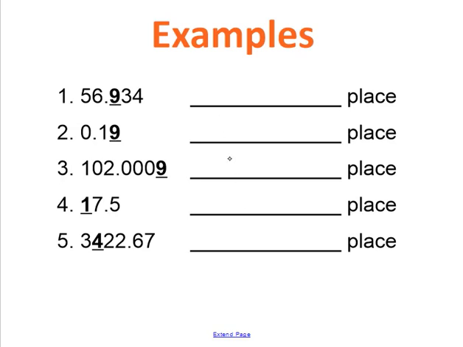So here are some decimals, and we're going to simply list out what their place value is. Here's the decimal point, which is referred to as and, and the number right after the decimal point is going to be the tenths place. We have that THS because it's after the decimal. Now here we have a number that's 2 spots after the decimal, so that's going to be the hundredths.